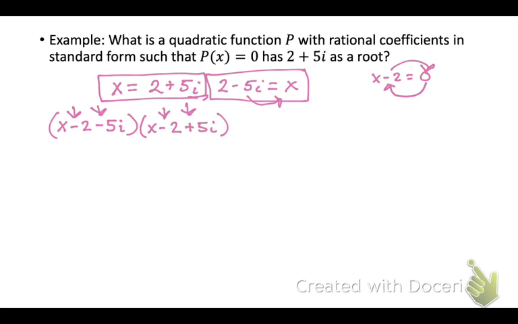Got it? Now, what do the parentheses tell me to do? Distribute, multiply. So I have to FOIL, distribute, box, whatever you want to do, but you have to do it. So we have x squared minus 2x plus 5i x, and then I have positive 4.